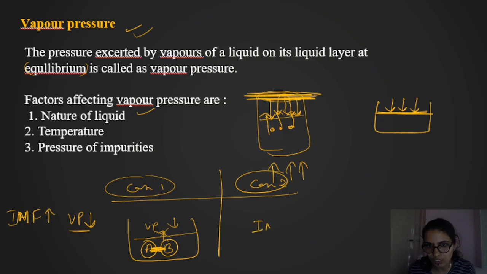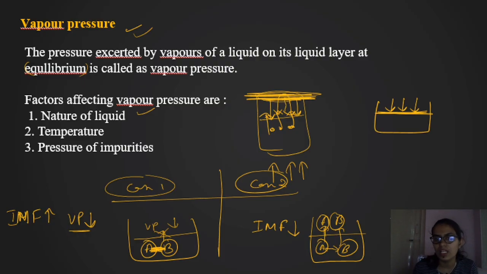If the intermolecular force of attraction is very much lesser, then they'll convert into vapor form easily. And once they convert into vapor form, the vapor pressure also increases, right? So vapor pressure increases if the intermolecular force of attraction is lesser, and it decreases if it is higher, right? So intermolecular force of attraction plays an important role over here.